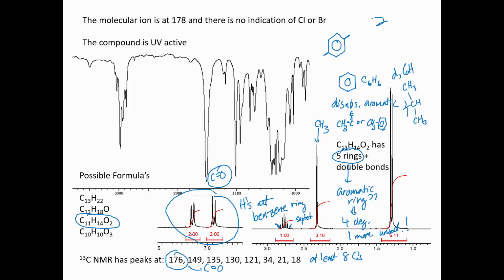This septet suggests that there is not an oxygen here. This chemical shift of 2.8 or so isn't high enough to support there being an oxygen here. If this was an oxygen, this chemical shift would probably be way above 4. So there are a variety of structures we can propose. This is the one that we actually have.